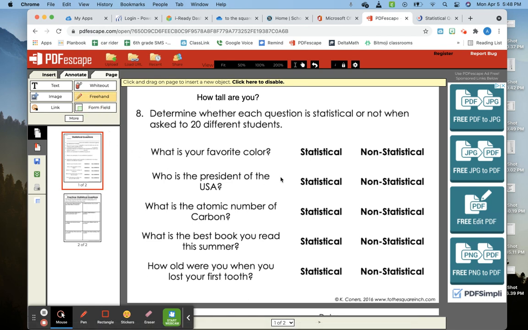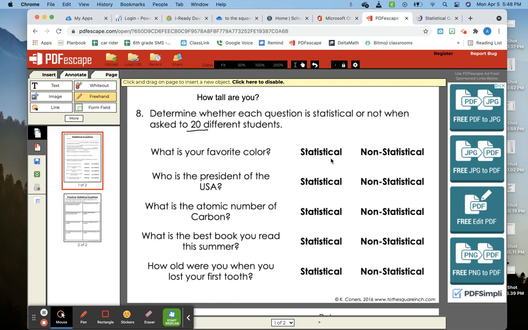The key is to determine whether each question is statistical or not when asked to 20 different students, like taking a poll in class. If it's statistical, I would get more than one answer when I ask this question. If it's non-statistical, I would just get one right answer.